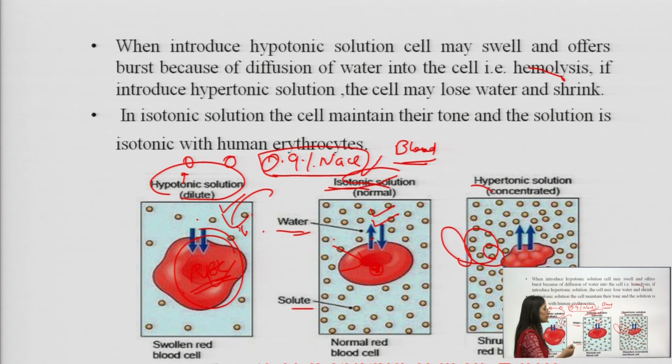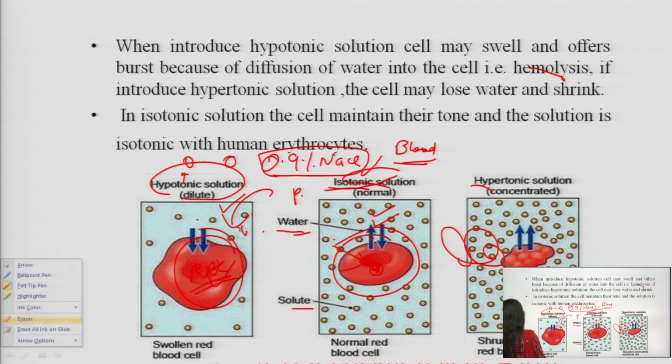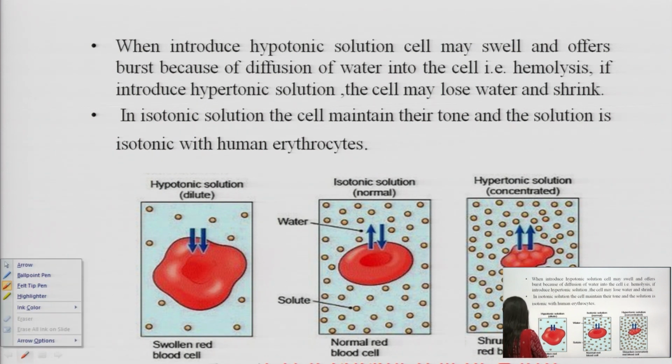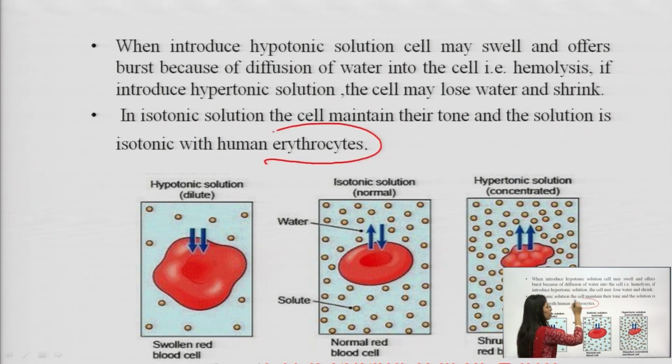Why? Because if there is a change in the tonicity of the parenteral preparation, and you incorporate the parenteral product inside your systemic circulation, that product should be compatible with RBC. It should not hinder the RBC.